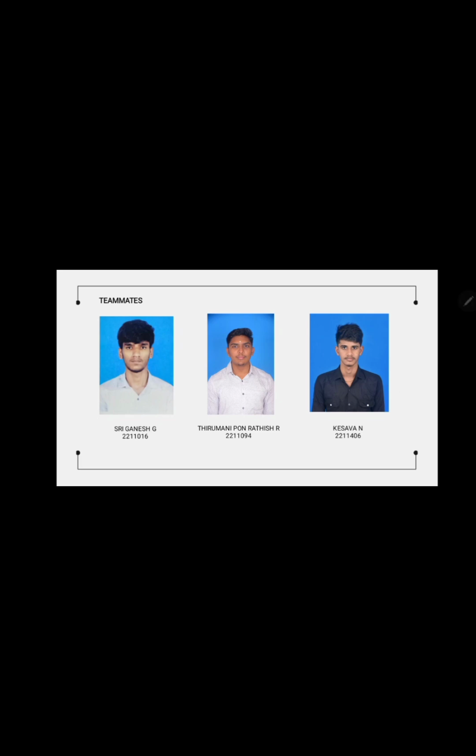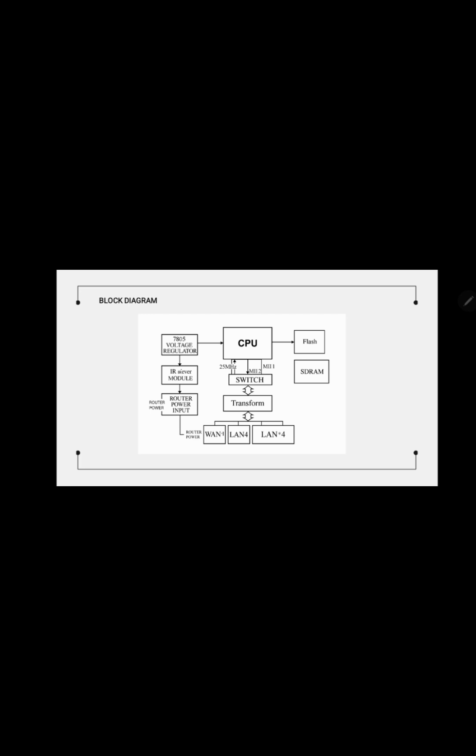Now I am going to present the block diagram of a basic router. First I am going to talk about the CPU. The CPU is the main processing unit of a router. In our routers, a Qualcomm processor is used, and a 23 MHz crystal oscillator provides the frequency.